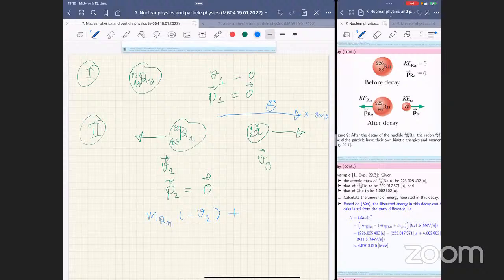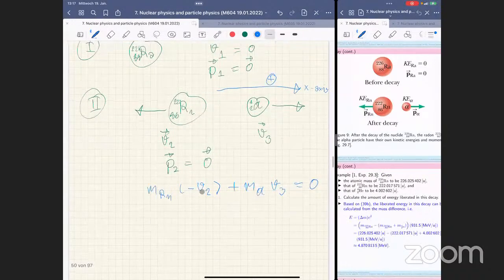And the momentum of the second piece, which is the alpha particle: fortunately, its velocity is pointing to the right, in the same direction as the positive x-axis, so V3 is going to be positive. This is the mass of the alpha particle times V3, and the sum remains 0 because the momentum should be conserved for both situations. So we have the result from the momentum conservation.